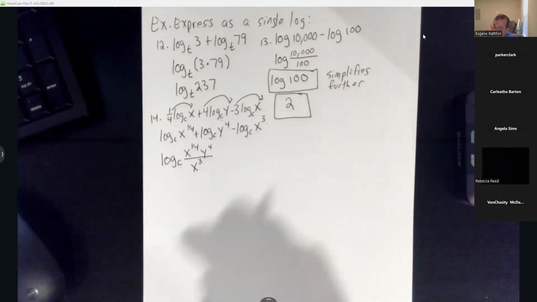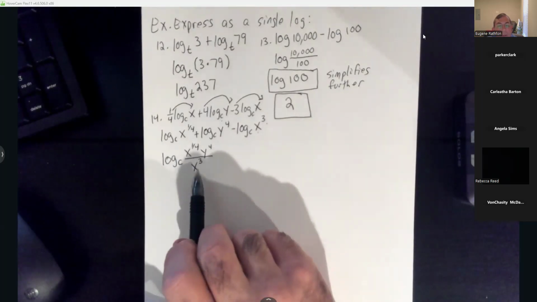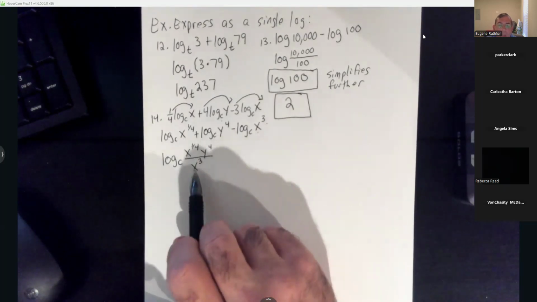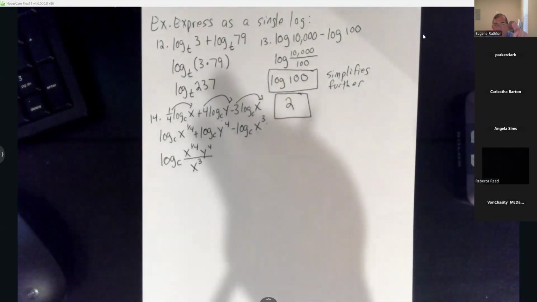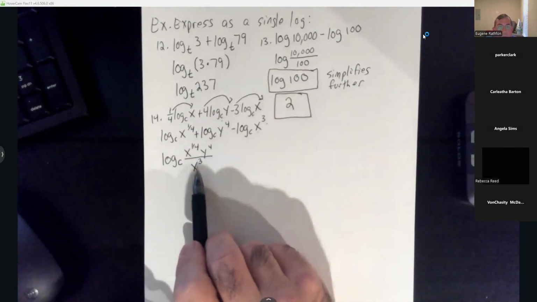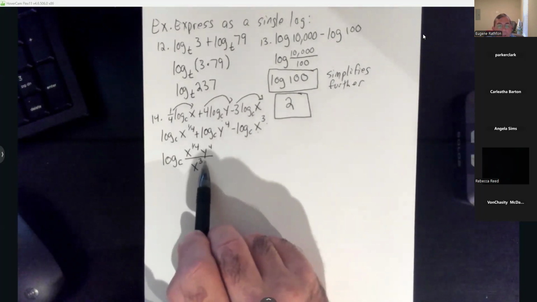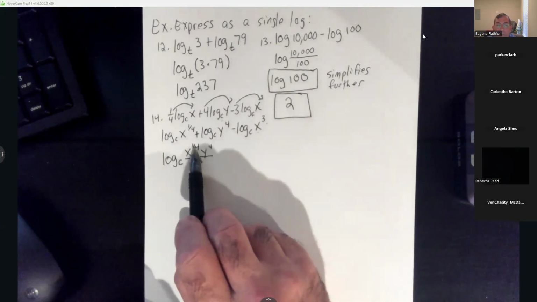So y'all, technically we would be done, but this one has x's on top, x's on bottom. When you got x's on top and on bottom, we got to simplify those using the exponent rule. And the exponent rule tells me that the larger exponent is in the bottom in this case because 3 is bigger than 1/4.